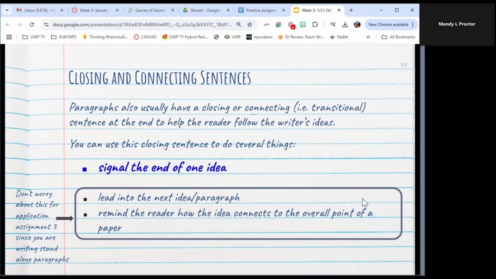Those are things that you're going to want to do when we're talking about essays or papers. But I don't want you to worry about that part for application assignment 3 because you're writing standalone paragraphs. So we're not leading into the next idea or transitioning into another idea. So really you're just signaling the end of one idea.